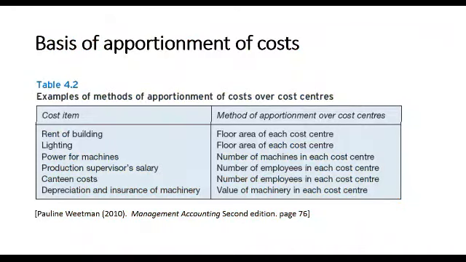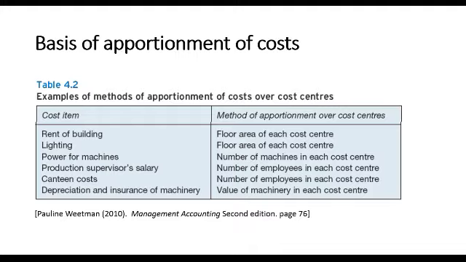So I said that if there is a shared cost, then you need to apportion that cost among all the cost centers or all the departments. Now, what basis should you use?